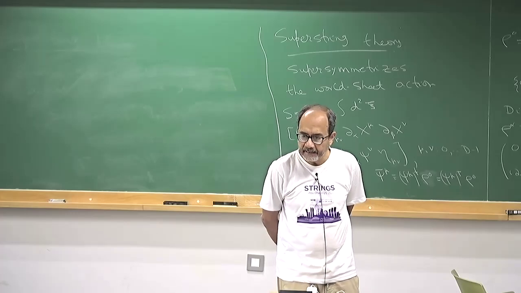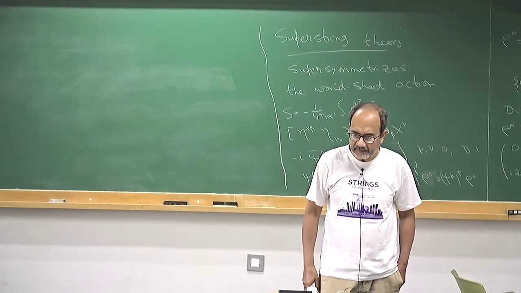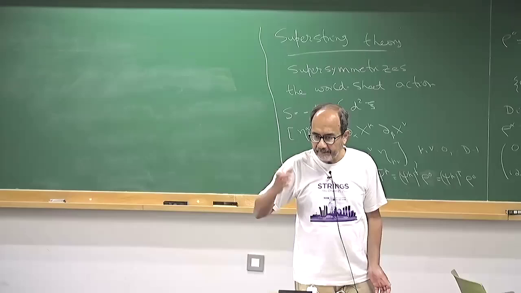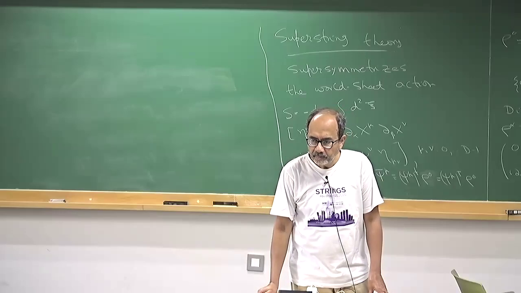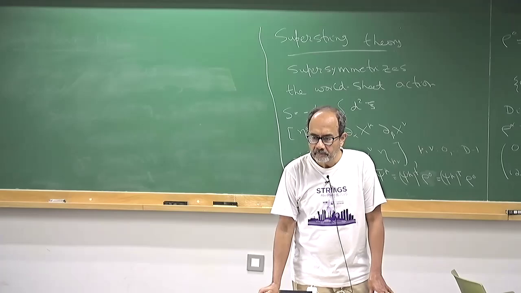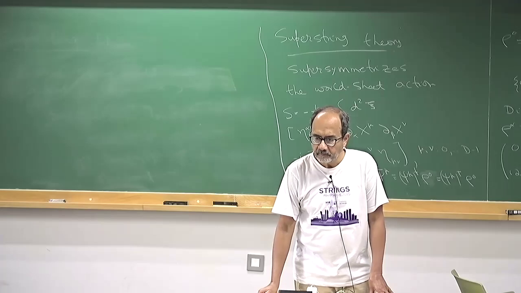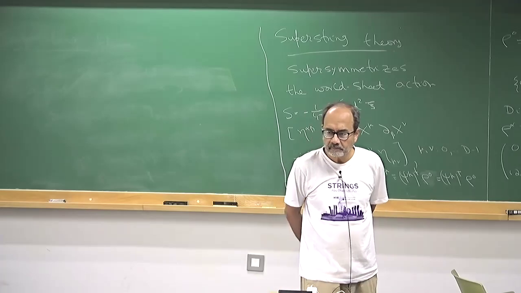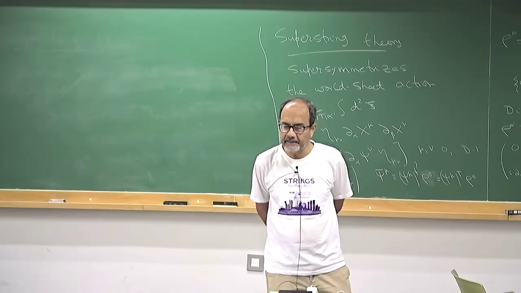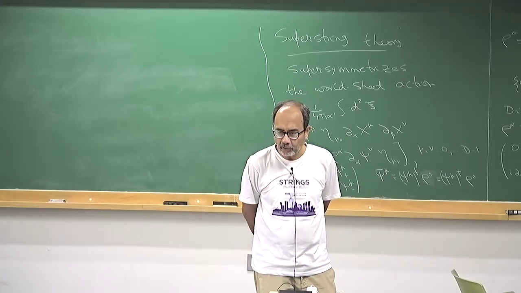They will not be real, but their complex conjugate will be related to the original components by some additional matrix product. Here, for this choice of gamma matrices, psi plus minus being real is the Majorana condition. For a different choice of gamma matrices, you can still define Majorana fermions, but the relation will be more complicated.